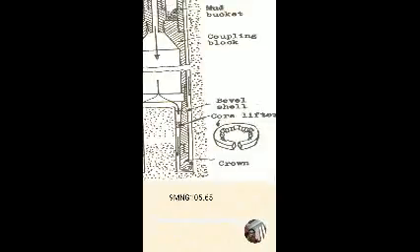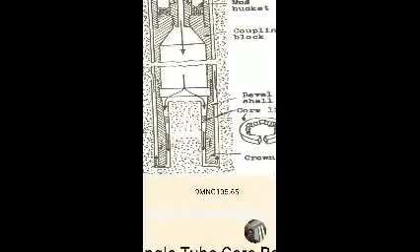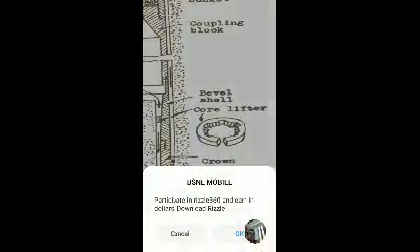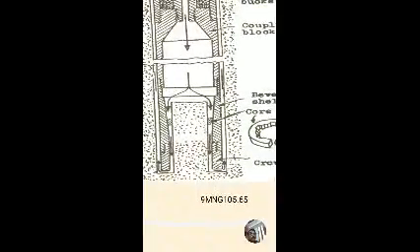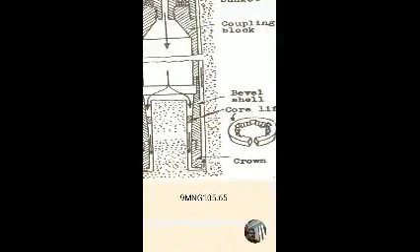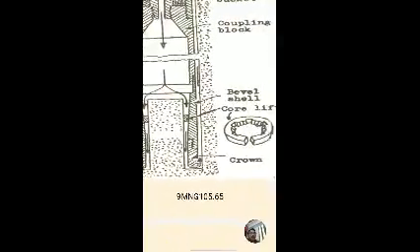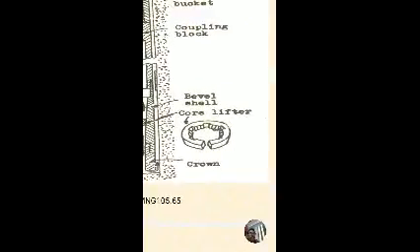Because of this bevel shape, the core lifter tries to come down, and as the bevel shape goes on increasing, what happens?